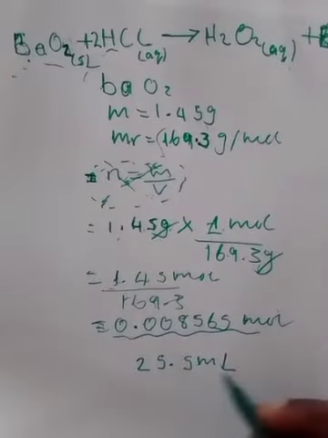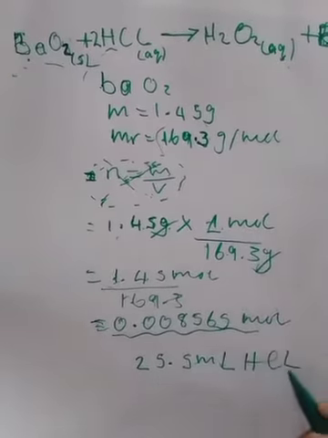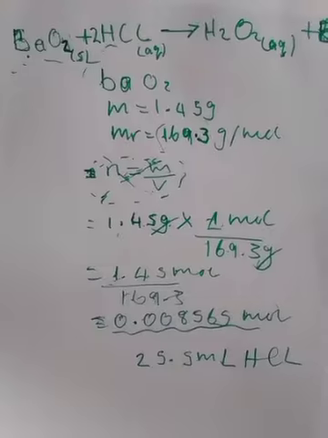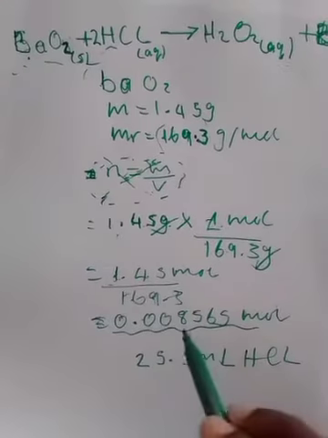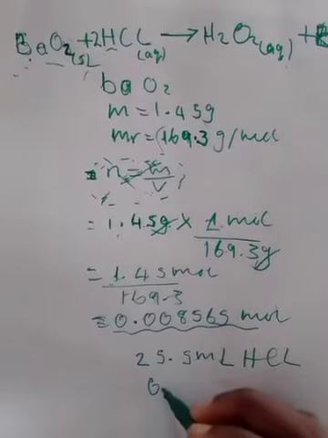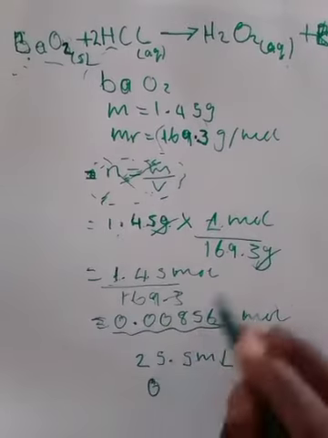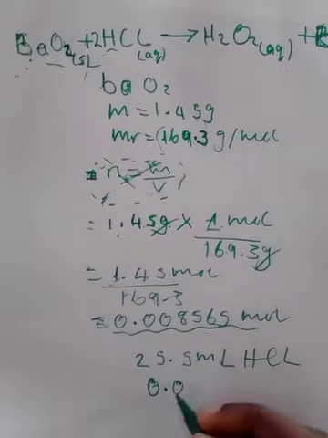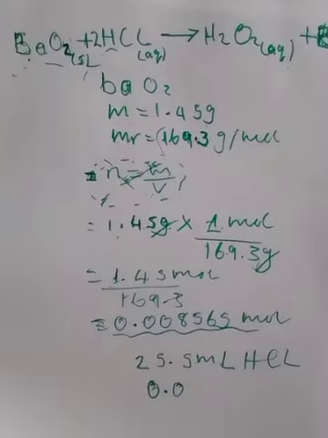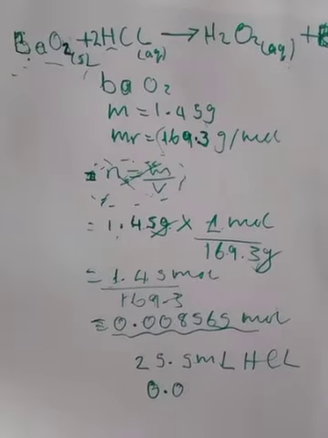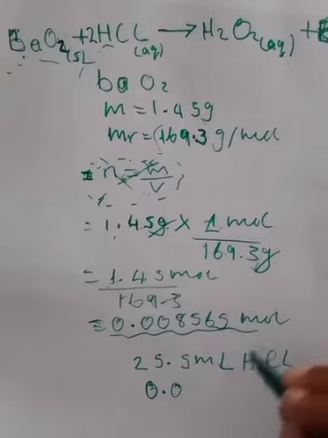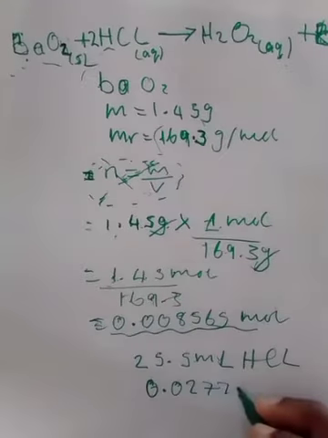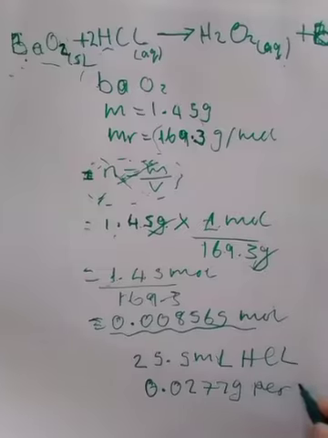And then they have also said that the solution is containing 0.0277 grams of HCl per milliliter. It is containing 0.0277, they have said, grams per milliliter. Now this statement here is where they have twisted the question.